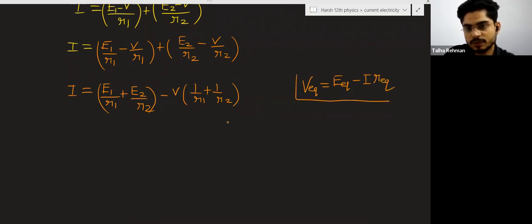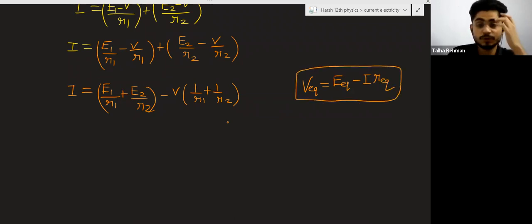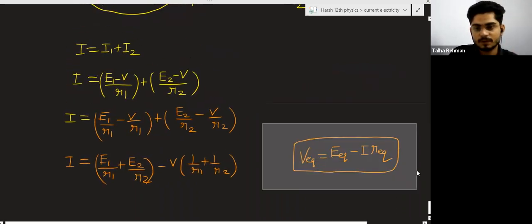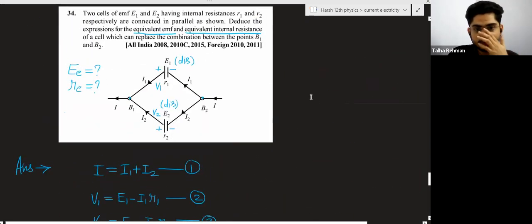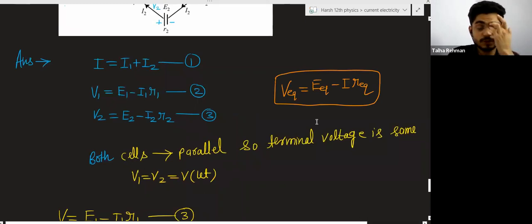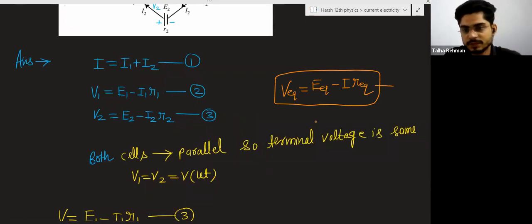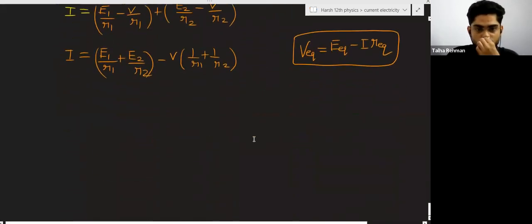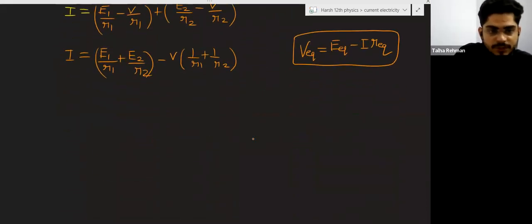So for this circuit, the equivalent equation will be like this. This is the equivalent equation. So suppose this equation as A.